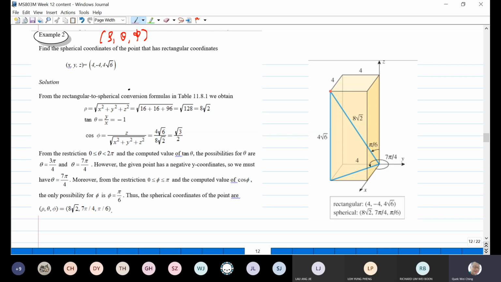So let me draw the picture. This is the x-axis, and this is the y-axis here. Always x-axis, y-axis, and then the right hand rule for the z-axis.